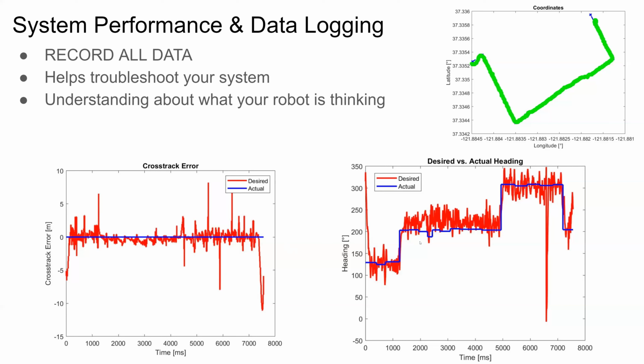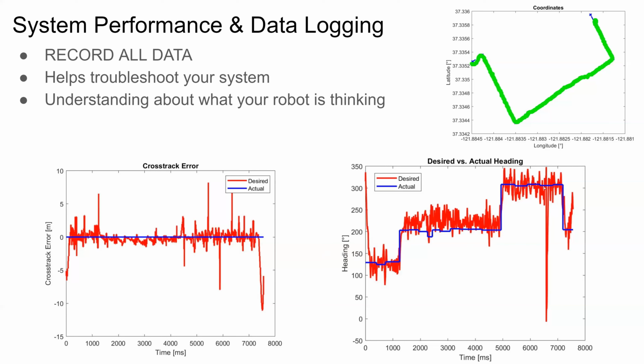Same for the heading error. The blue line is the individual segments of each waypoint and its desired heading. In this, you can also see that the robot was going near the right heading angle, but it was very oscillatory and just kept going up and down.